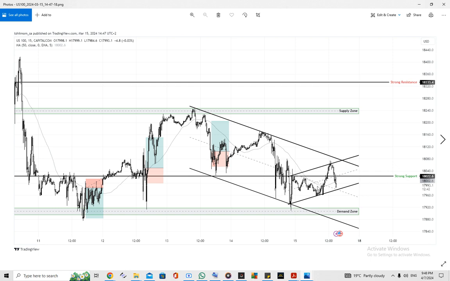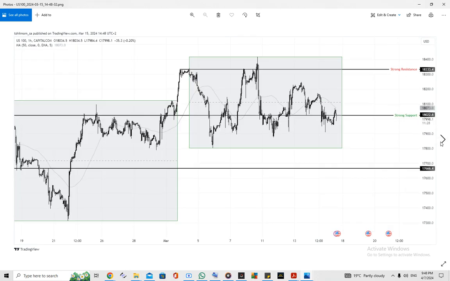But the following day, I saw this. The market was in a descending channel and an ascending channel at the same time. I don't think there was an event on the 15th, which was the Friday. So on the 1 hour, I saw that okay, the market is creating a triangle. But as you know, these patterns cannot be relied upon.